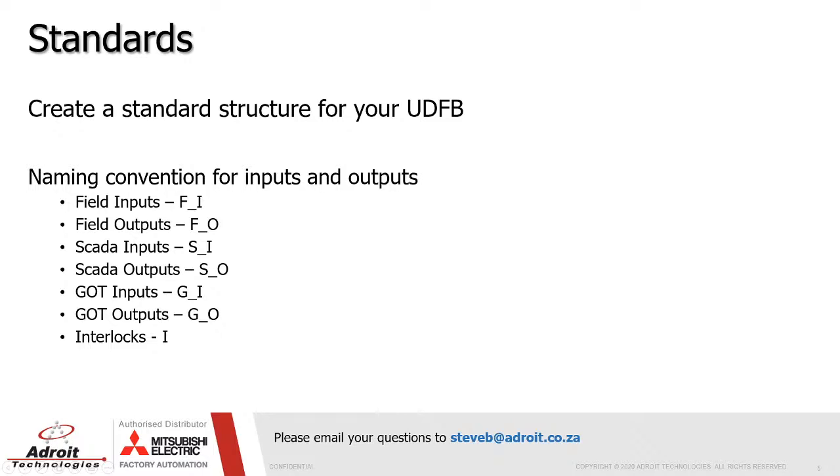As an example, for my field inputs, I've made a prefix of F_I. The same with my field outputs, SCADA, GOT, and interlocks. So whenever I write my program, I know if it's an F_I, that will be my field input. If it's an F_O, it will be a field output.